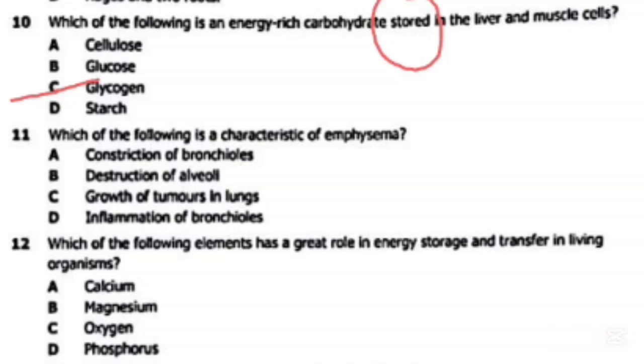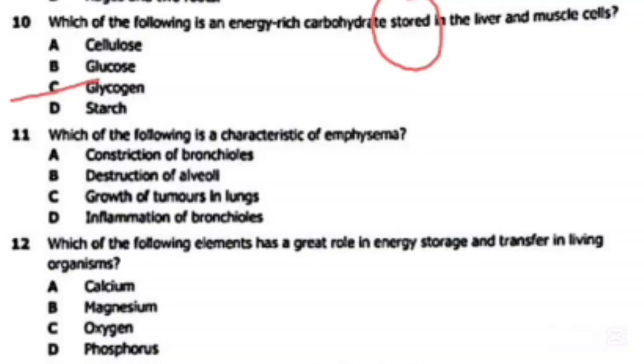So we are saying that whenever you have destruction of the alveoli, just know that it is emphysema. Then when we have inflammation of the bronchioles, this is what? Asthma. So in asthma, your airway becomes hyperactive.